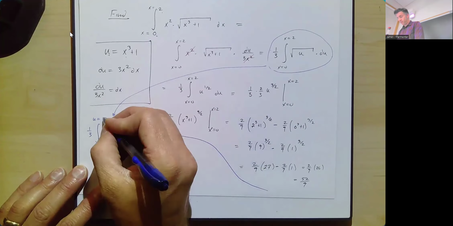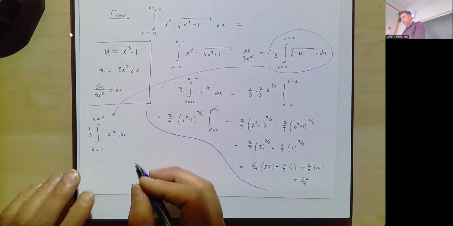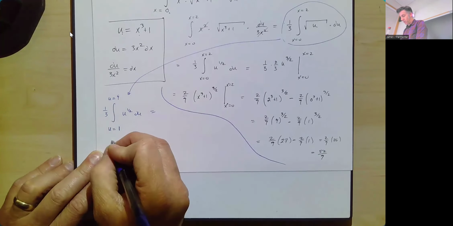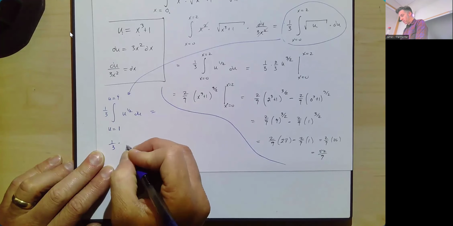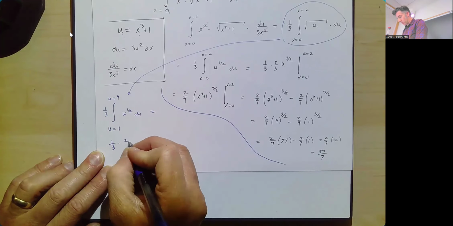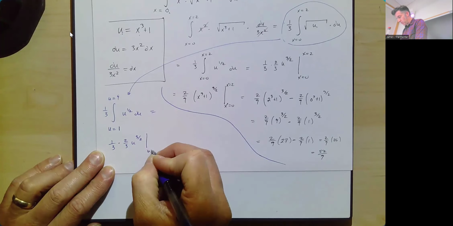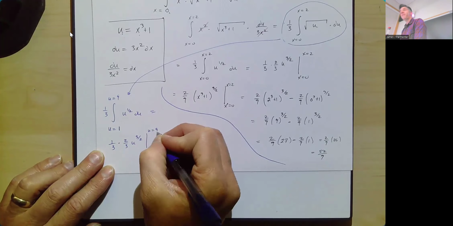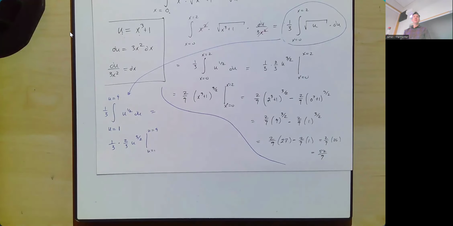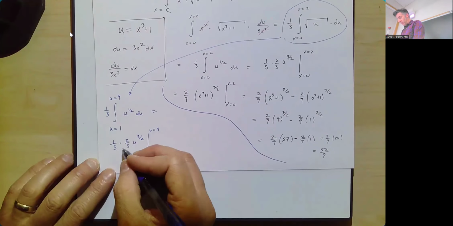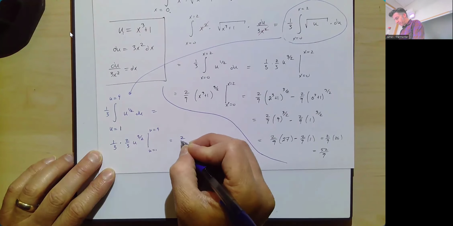And the nice thing about doing it this way is after you've anti-differentiated and gotten 1/3 times u to the 3/2 times 2/3 from u equals 1 to u equals 9, you don't have to switch back to x's because everything is in terms of u, including the limits of integration. So this 1/3 times 2/3 is 2/9.